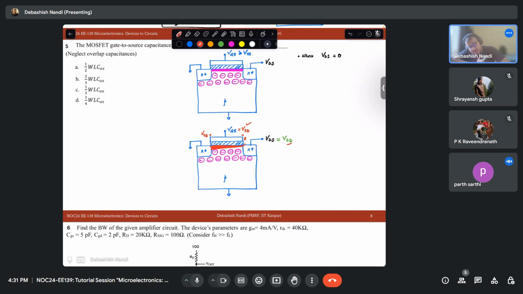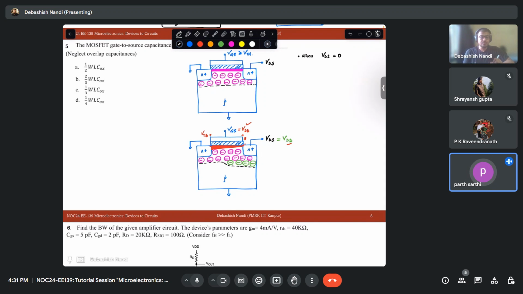Another thing which is often not mentioned, is these depletion charges at the drain end. Earlier it was the depletion boundary, right? Now the depletion boundary will be something like this. Can you tell me why?